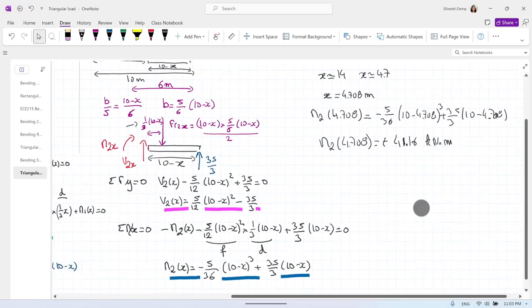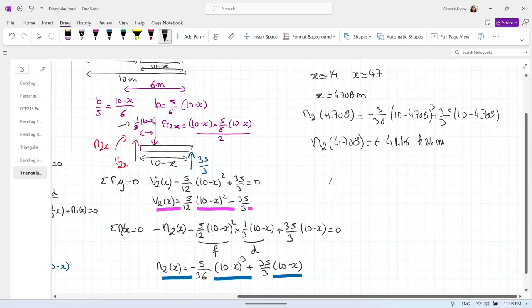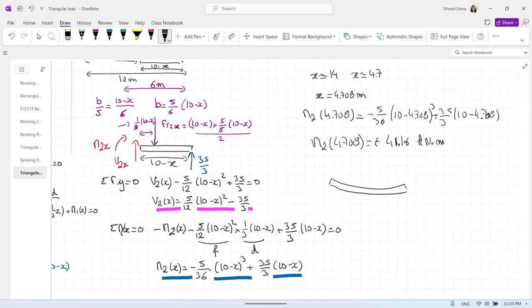So in our case, the moment is positive, and remember our beam is in flexion like this, little smiley guy, positive, and so we will be at 4.708 meter. Our moment will be the maximum there, and the fiber on the bottom will be in tension, and the fiber on the top will be in compression. So if you need to find your maximal normal stress, compression and tension, that will be at that point, and that will be with a moment of 41.16 kilonewton meter.